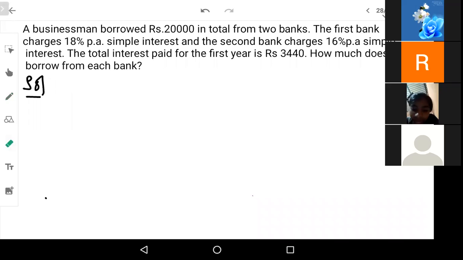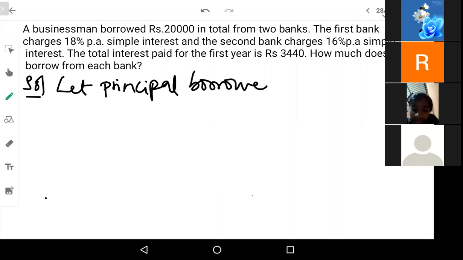Since we are supposed to find the amount from bank number 1 and bank number 2, the principal borrowed from the first bank, let us take it as X.